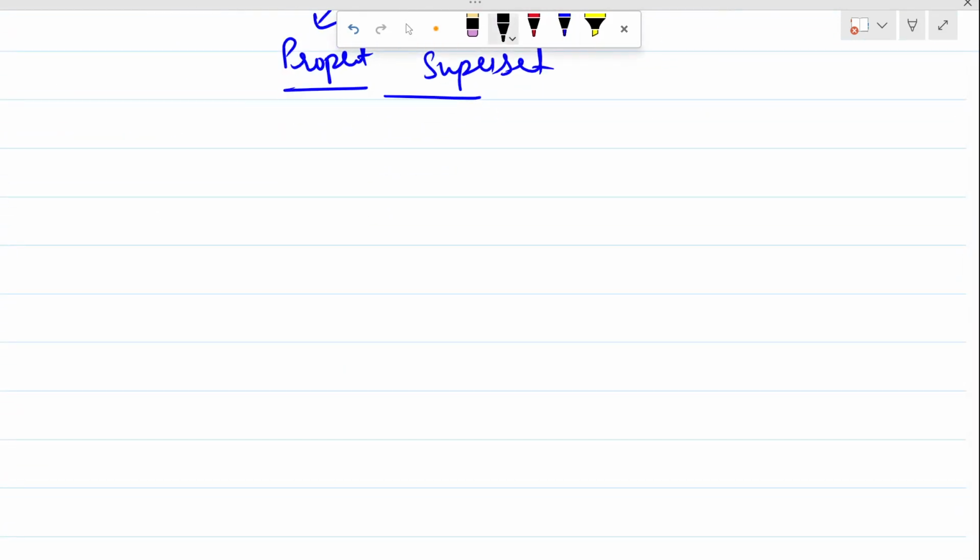So what is a singleton set? Any set which contains only one element.